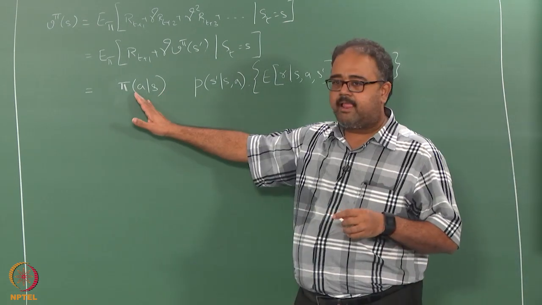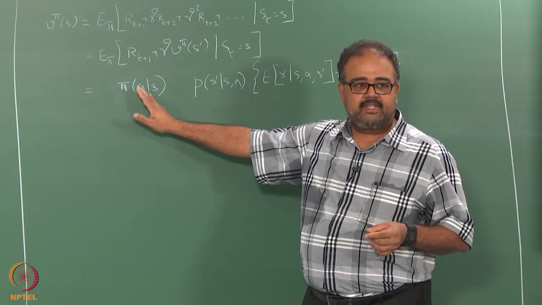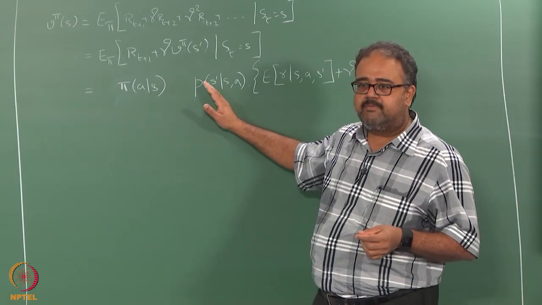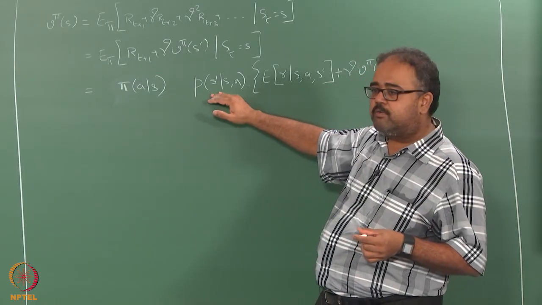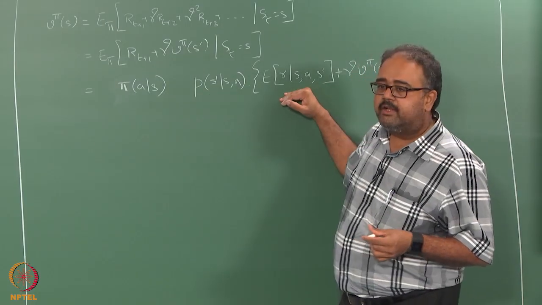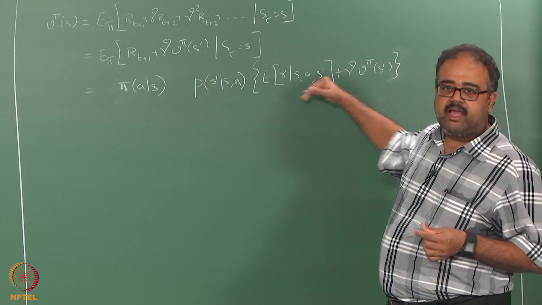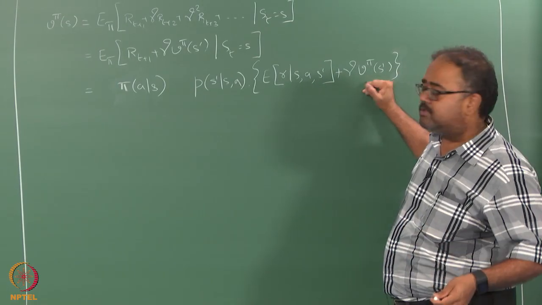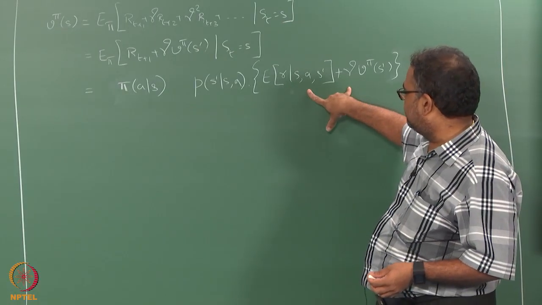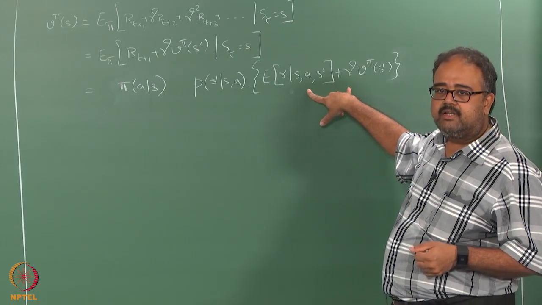I pick an action A according to pi, right. Now that is going to cause a transition to some S prime according to this P that we have there, right, and once I know what the S prime is, I can figure out what the expected reward will be as well as V pi S prime, because I know what S prime is. So what is the probability that this will be my return?